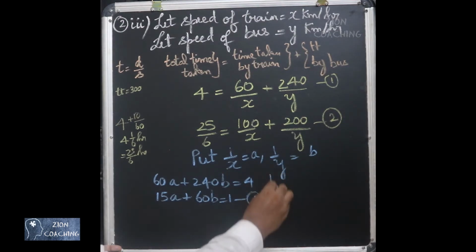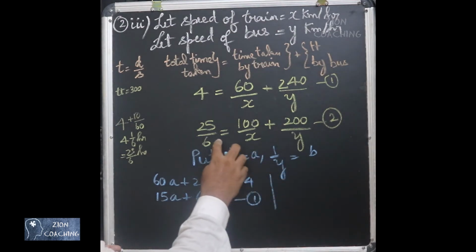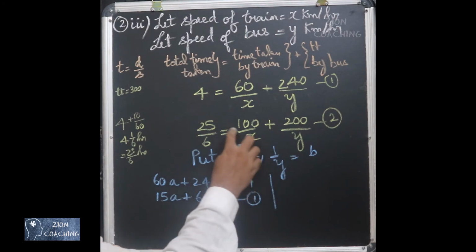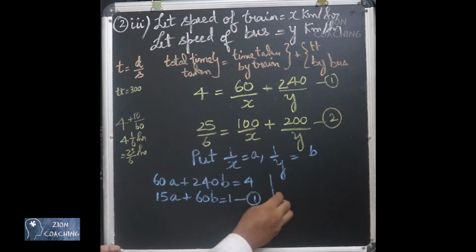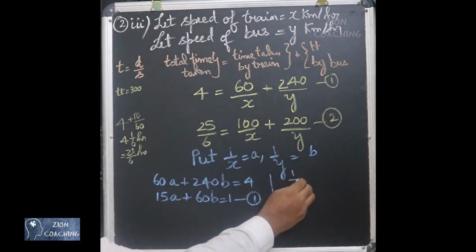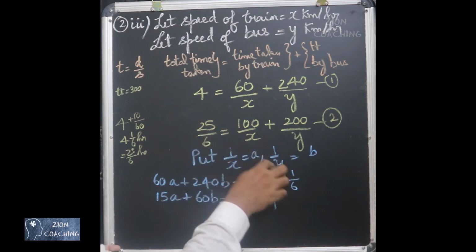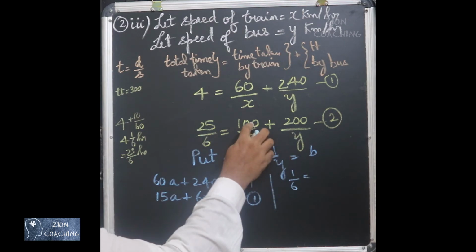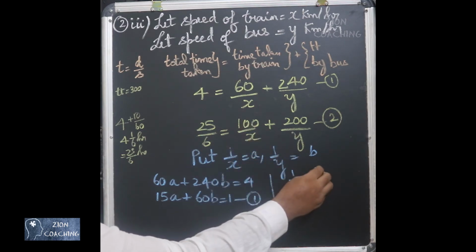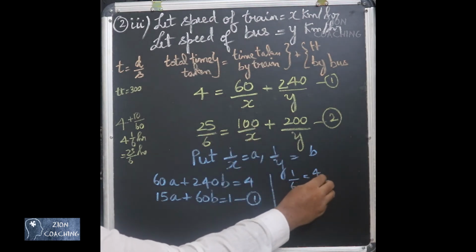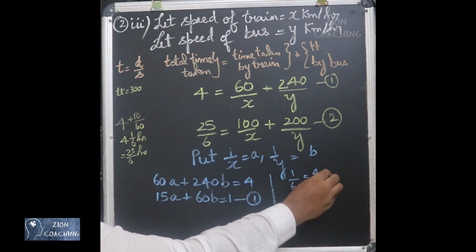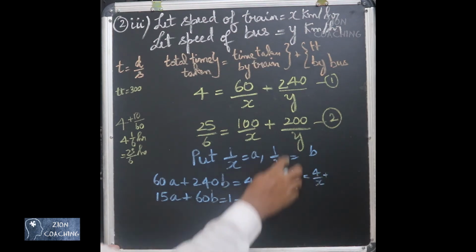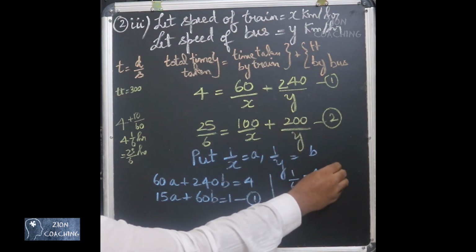Now taking the second one, you can divide by 25 throughout. When you divide by 25 throughout, you will have 1 by 6. 25 divided by 25 will become 1, that 6 alone will remain, equal to, when you divide this by 25, you will have 4 by x plus, then when you divide this by 25, you will have 8 by y.